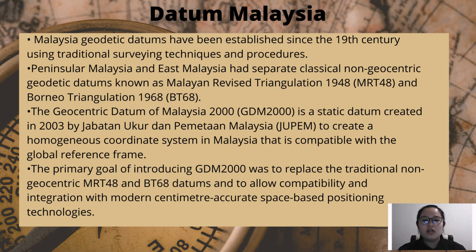The Geocentric Datum of Malaysia 2000 is a static datum created in 2003 by Jabatan Ukur dan Pemetaan Malaysia to create a homogeneous coordinate system in Malaysia that is compatible with the global reference frame. The primary goal of introducing GDM 2000 was to replace the traditional non-geocentric MRT 48 and BT 68 datums and to allow the compatibility and integration with modern centimeter-accurate space-based positioning technology.